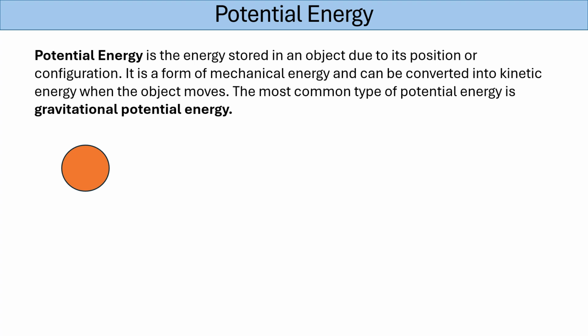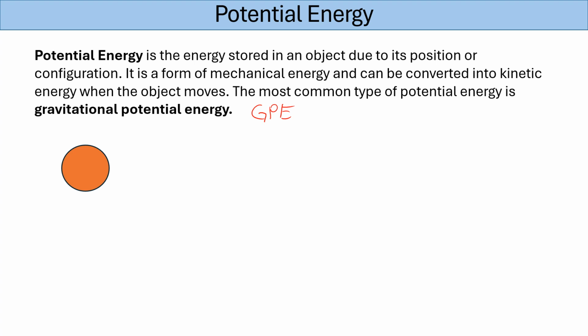Okay, so now we proceed with the potential energy. Potential energy is defined as the energy stored in an object due to its position or configuration. So it is a form of mechanical energy and can be converted into kinetic energy when the object moves. The most common type of potential energy is the GPE, or what we call the gravitational potential energy. So sometimes it is written like this in the books.